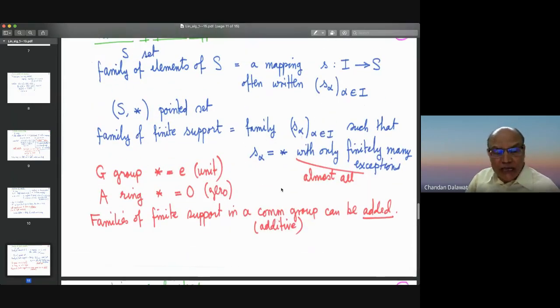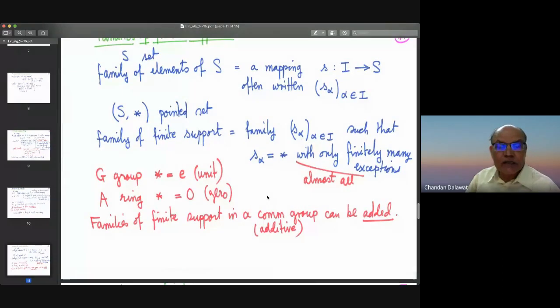Why do you have these families of finite support? That's because if you have such a family in a ring, then you can add all the elements. If you have an arbitrary set I and an arbitrary family indexed by I of elements of a ring, you cannot talk of the sum of that family because you have no notion of taking the sum of infinitely many elements of a ring.